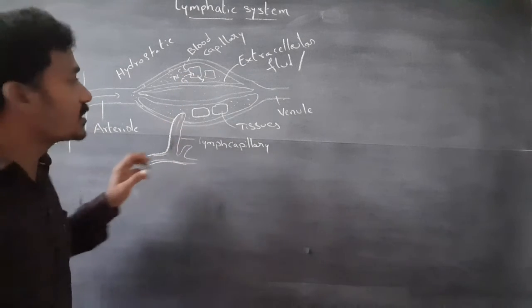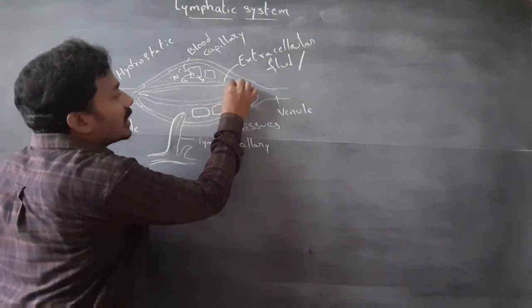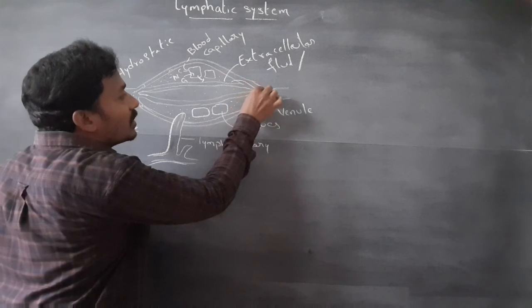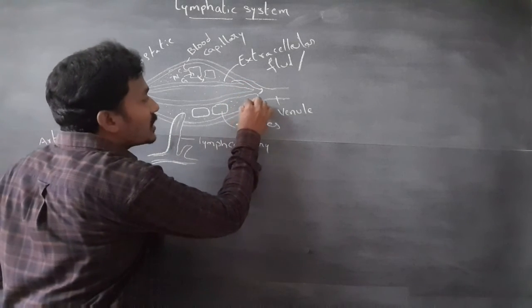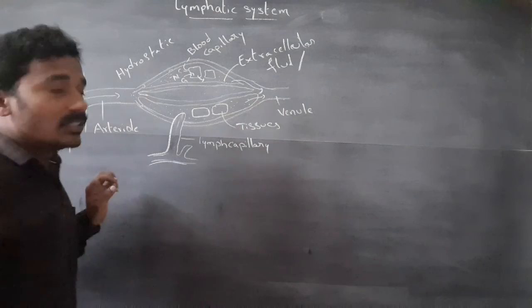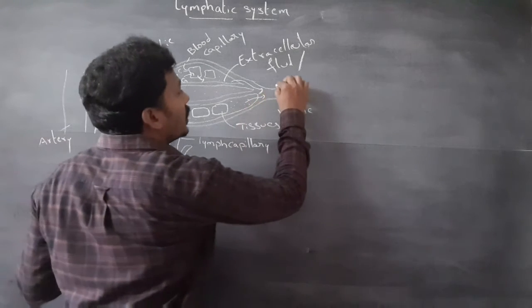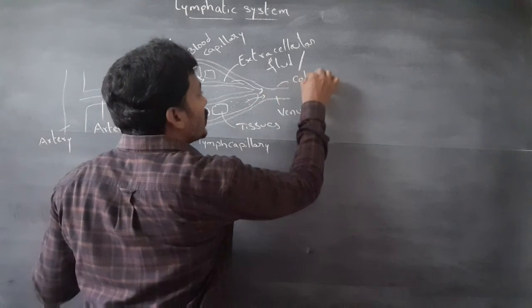After the exchange of these substances, the fluid returns into the blood. This fluid returns into the blood due to the colloidal osmotic pressure.